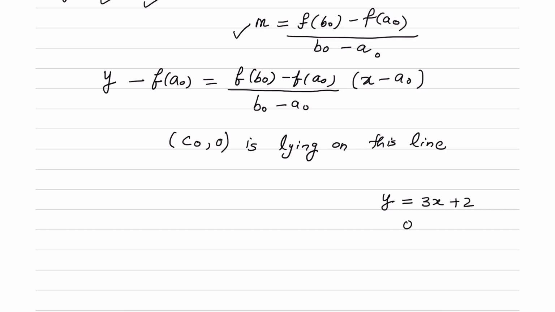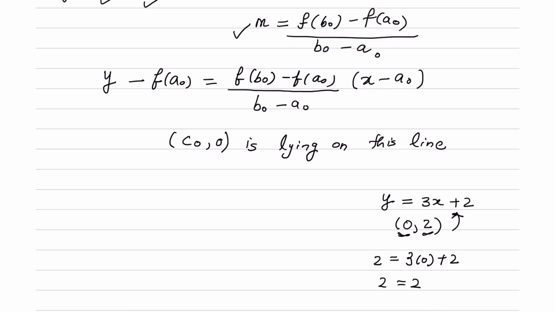If I say that the point 0, 2 is lying on this line, what you would do is you will keep the equality sign, the 3, plus and 2 all as it is, but in the place of x you will put 0 and in the place of y you will put 2. Everything else remains same. So in the place of y you have 2, 3 as it is, equality sign as it is, but in the place of x you will have 0 plus 2 as it is, which gives you 2 equal to 2. This is how you make a point lie on a line.